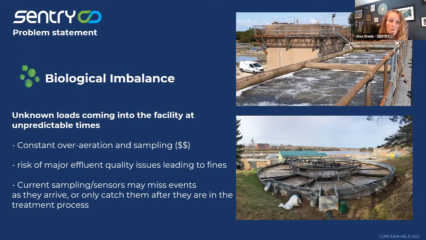So we have a quick poll just to get an idea of what kinds of shocks that you're seeing at your facility. So if Selena, if you want to put up poll 1. Sure. Thanks. So if you're seeing biological imbalances related to influent or varying influent conditions, what kind of events have you had that's resulted in treatment issues?